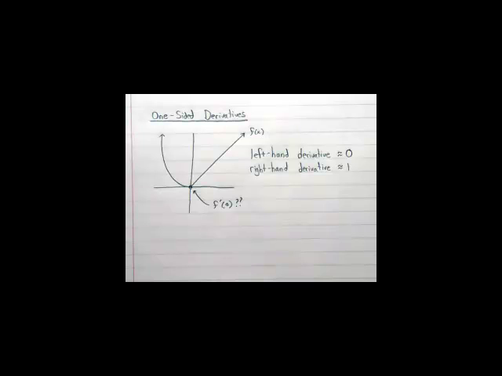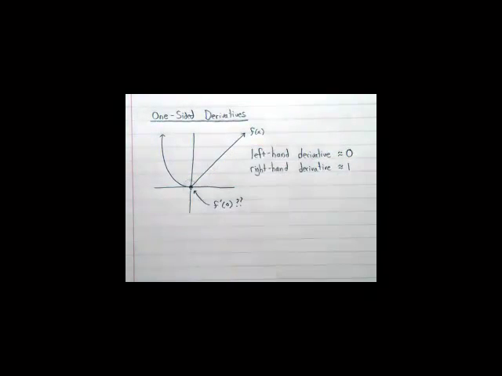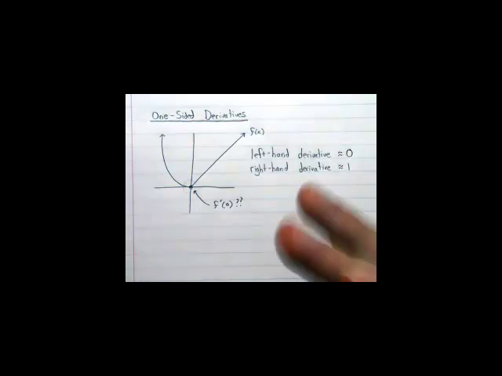Okay, if the left-hand derivative and the right-hand derivative are not the same thing, then we say the derivative does not exist at that point. And so in this case, there would be no regular derivative at that point.